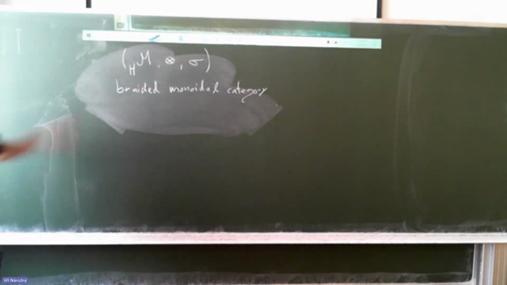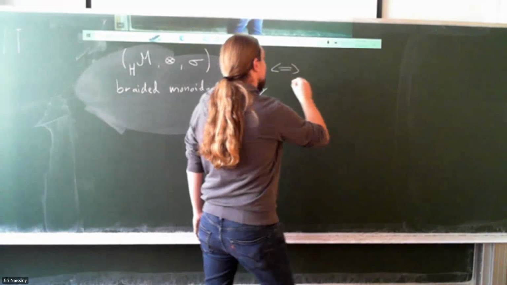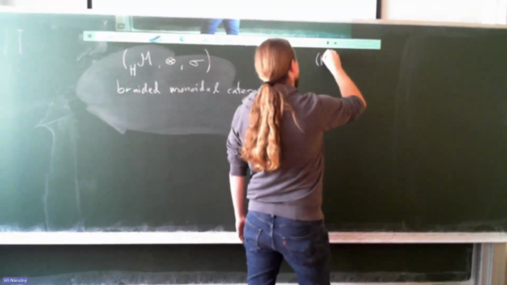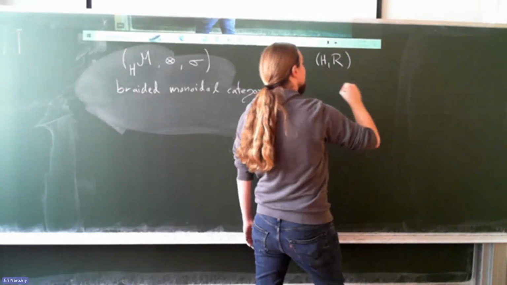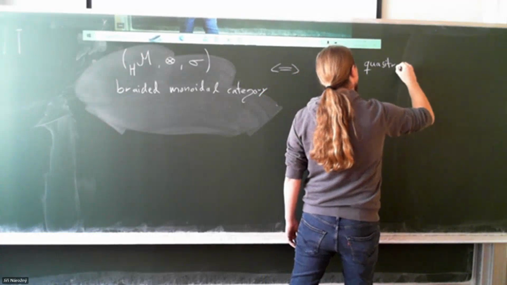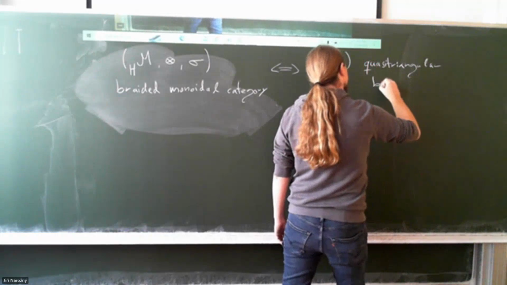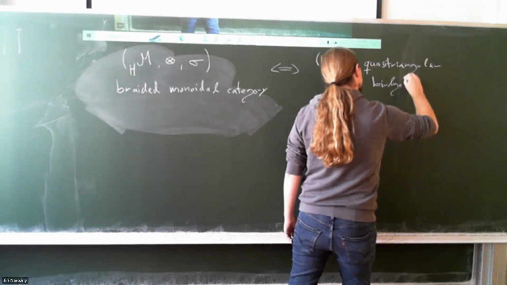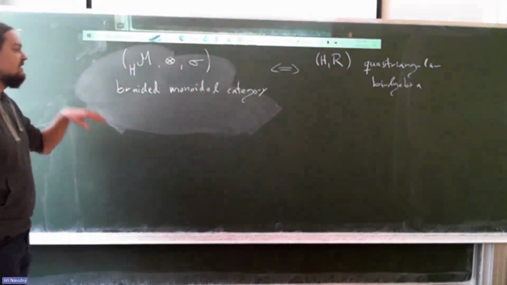And what we know is that this data is the same as having a quasi-triangular bialgebra. So it's quasi-triangular. And in this talk, I'm going to add something here.